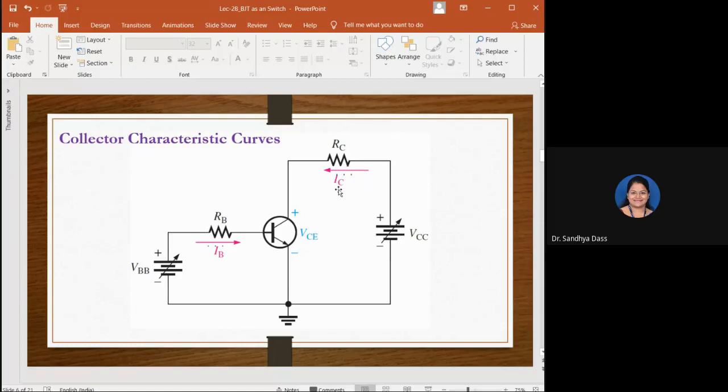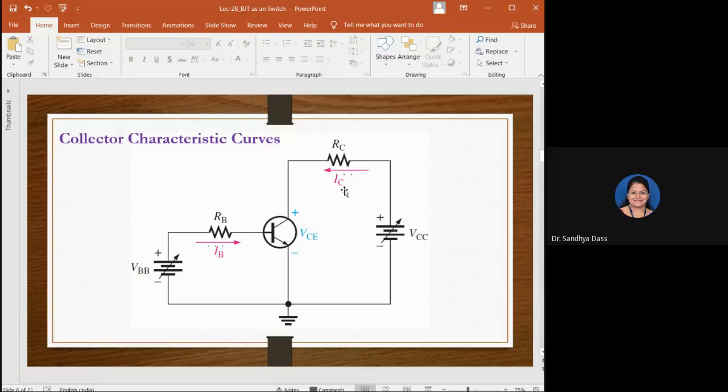And you should know all the relations by this time. Now, I'm controlling this VCE through VCC. If I vary VCC, it will obviously vary VCE, right? Again, the biasing part, remember the biasing part there. So varying VCC, I can vary VCE.